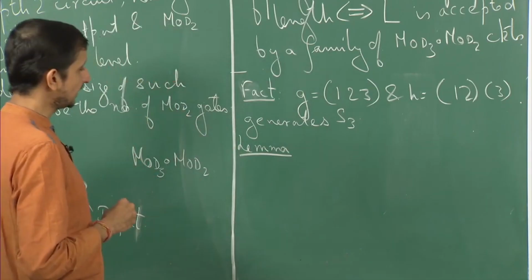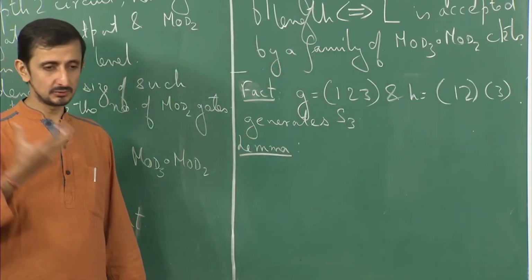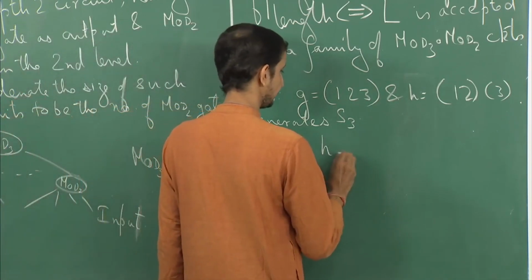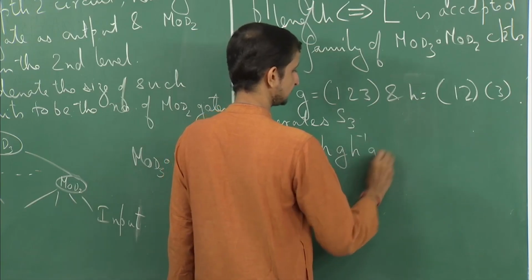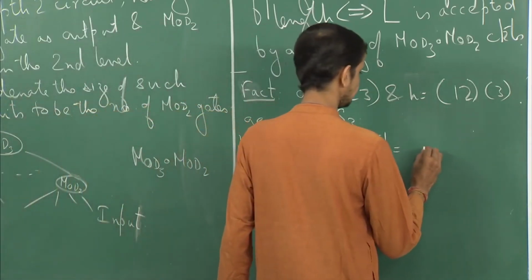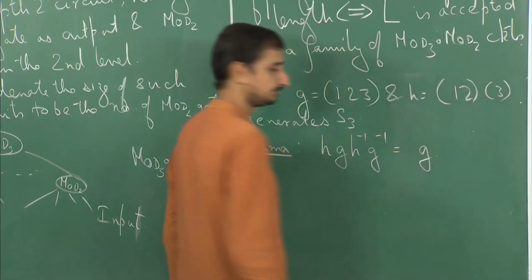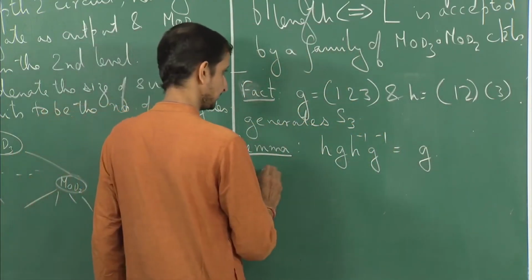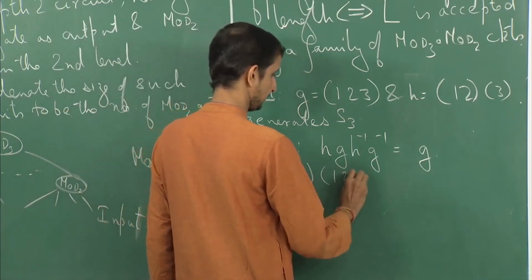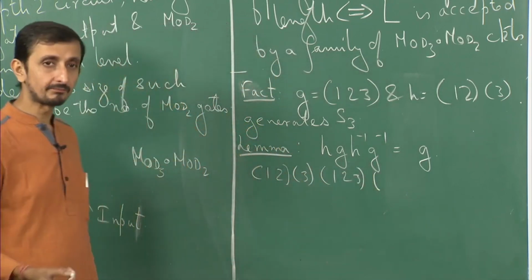Now why have we chosen these two? We can say something similar to what we said last time. If we consider the commutator H G H inverse G inverse, this turns out to be, I think, G. Once again it is very easy to check. What is H inverse?